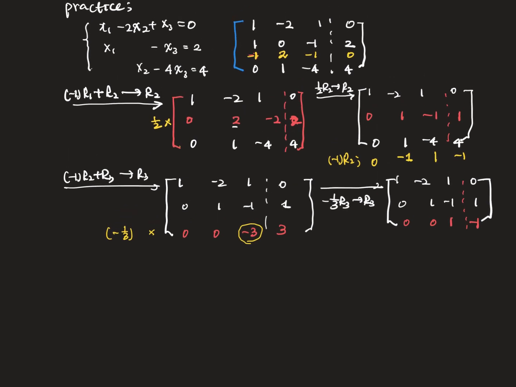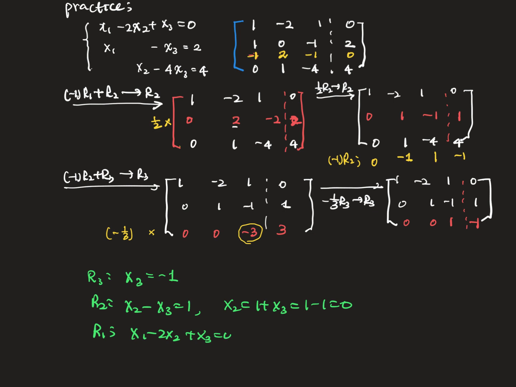This one is a backward substitution. We can do it. Change this to equation form, guys. Look at this one. The third row, R3, gives x3 equals negative 1. Then you can find x2 from the second row: x2 minus x3 equals 1, so x2 equals 1 plus x3, which is 1 minus 1, that's 0. For the first row, x1 minus 2x2 plus x3 equals 0, so x1 equals 2x2 minus x3.